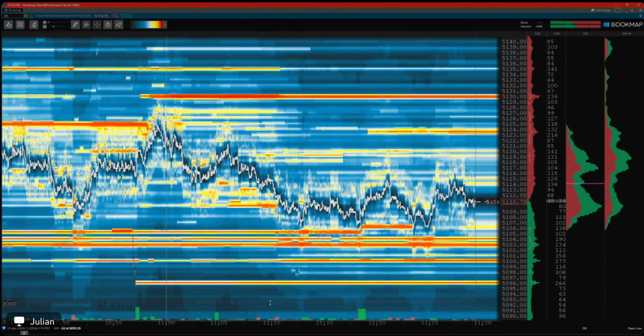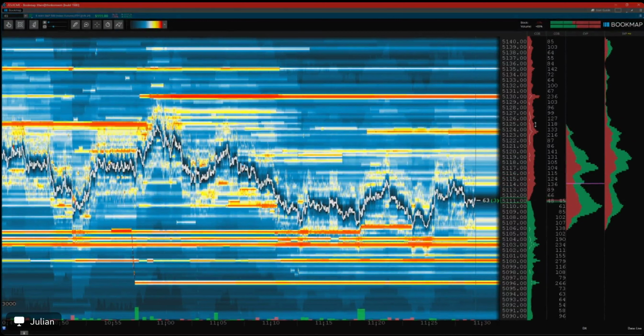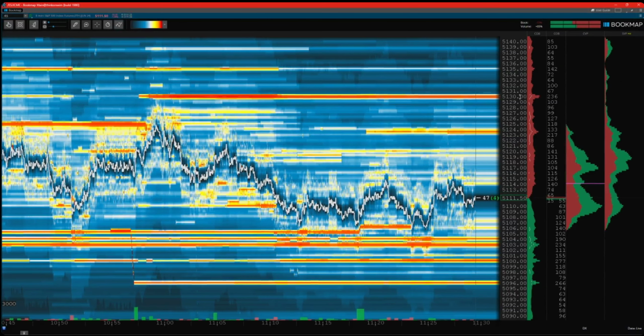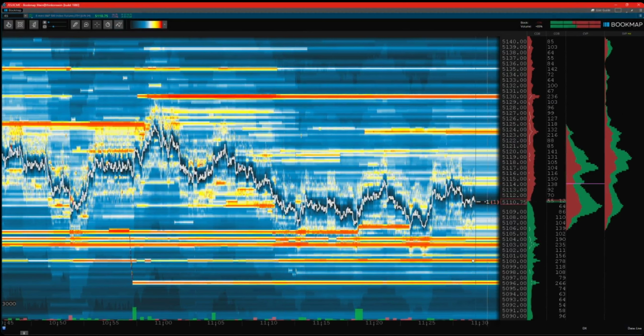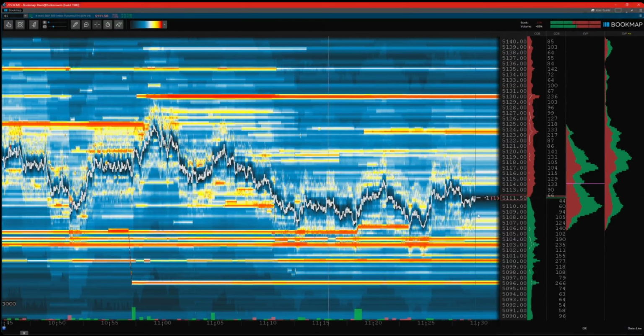So these levels right here, as you can see over here on the ask and bid, these big ol' icebergs, as they call them. All right. This is where there's a lot of liquidity. Okay. Also, this red line here at 5100, 5103, 5104.